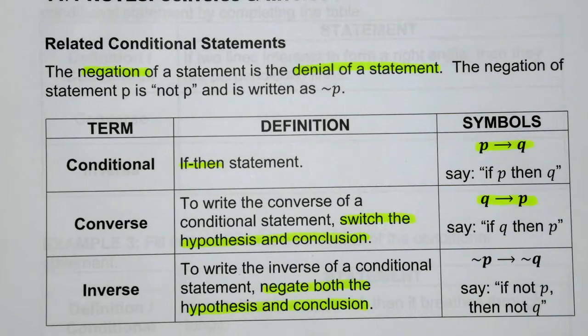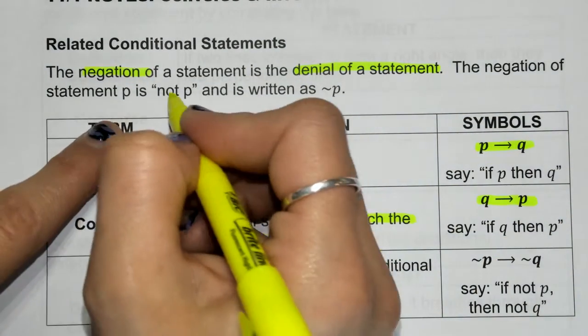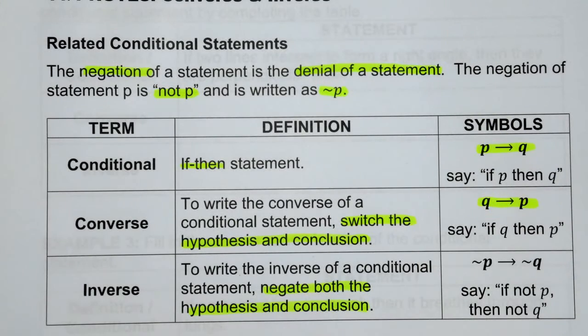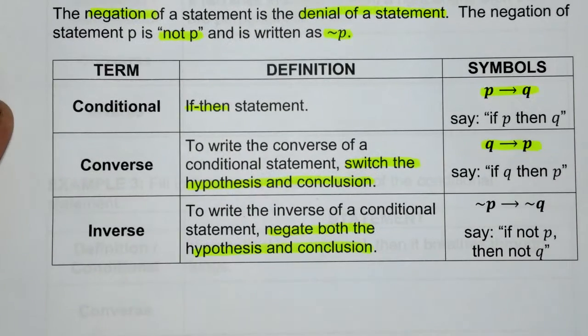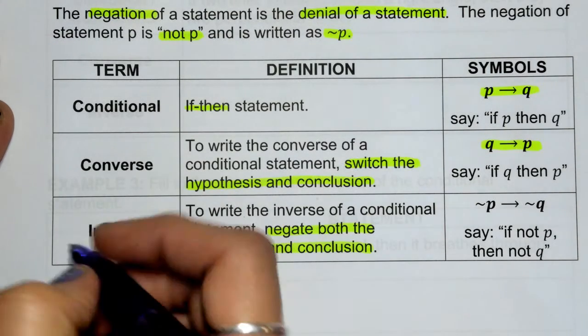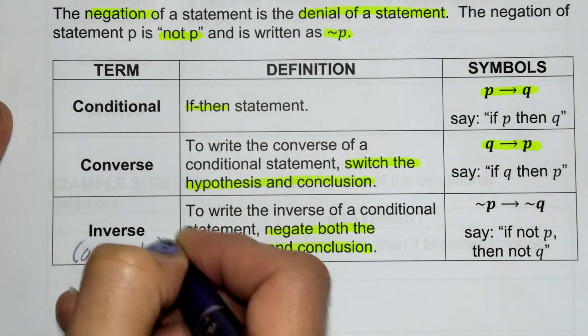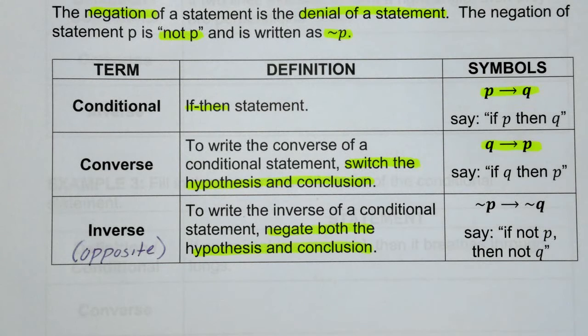What that means is instead of if P, we're going to say if not P. And it's noted as the little squiggly line P. All inverse means, guys, if you remember inverse operations in algebra, inverse just means opposite. So you're looking at your opposite. So if I say, if it is a bug, then it is a spider, to say the opposite would be, if it is not a bug, then it is not a spider.